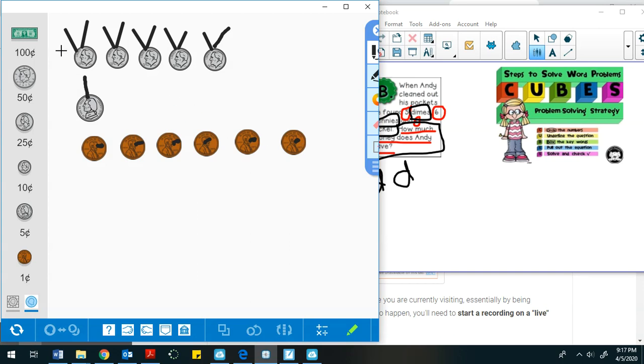Let's count that together. 5, 10, 15, 20, 25, 30, 35, 40, 45, 50. Okay, so there's 50. Now I'm going to continue counting by 5s. 50, 55. So I have 5 cents here. 55.